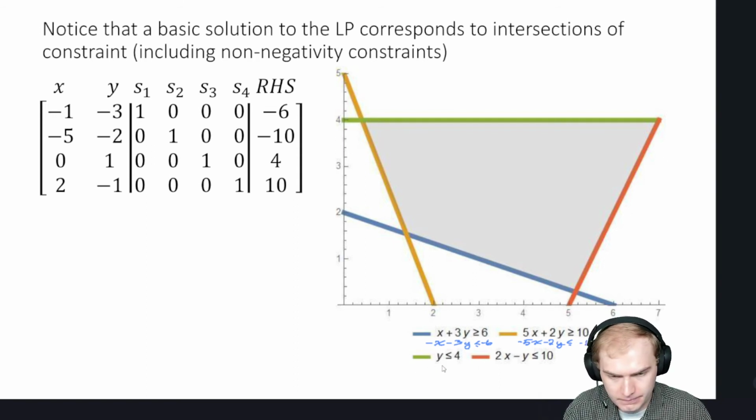And then I added slack variables to each. And I wanted less than or equal to, so my slack coefficients would be positive. So plus 1s. And then you can likely see that that row is the blue constraint.